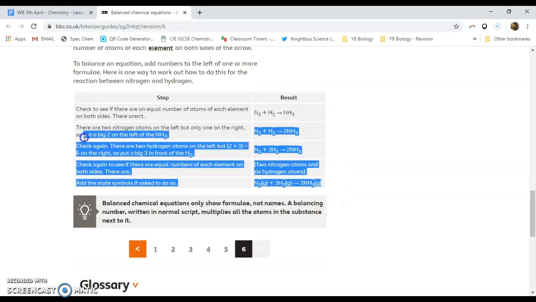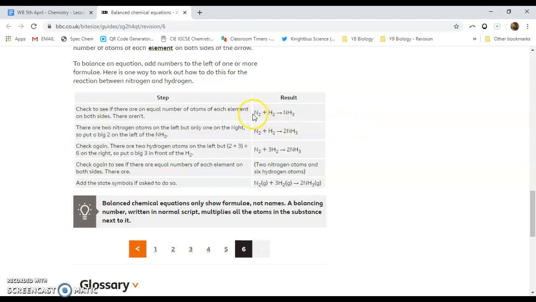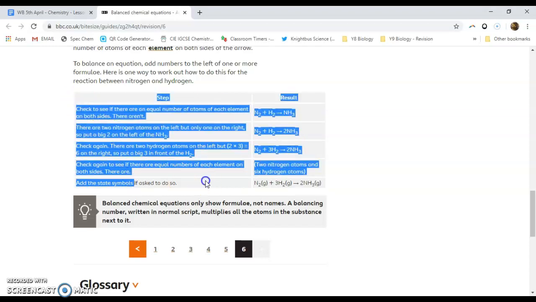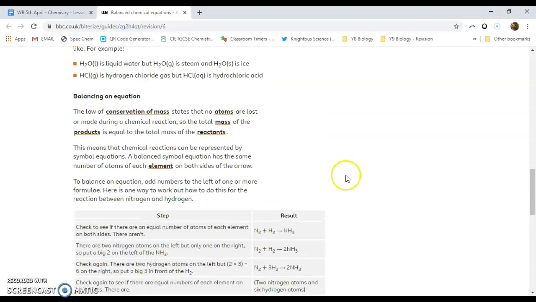Here is the most important series of steps to understand, and this was for nitrogen and hydrogen reacting to form ammonia. Please go through these steps and make sure that you understand piece by piece how you get from an unbalanced equation to a balanced equation. Please make sure that you know how to do that.